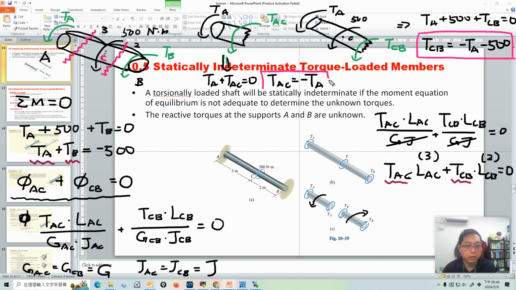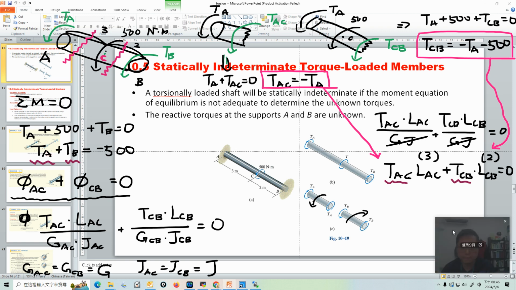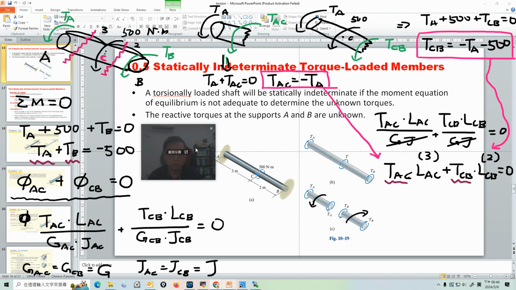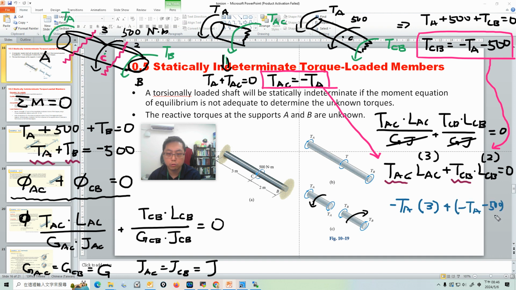You put these two back into the compatibility equation and derive. So finally, putting everything in there, T_AC equals minus T_A times 3, and T_CB is minus T_A minus 500 times 2, and this equals 0.